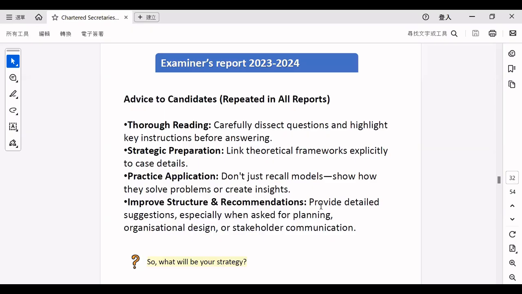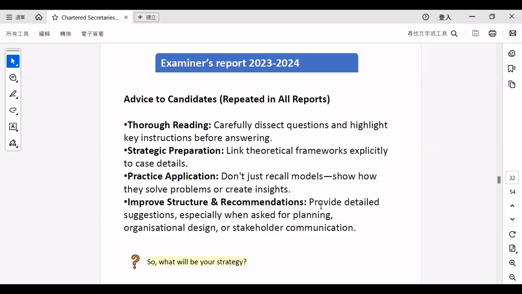Improve structure and recommendations: provide detailed suggestions, especially when asked for planning, organizational design, or stakeholder communications. So if you're asked to recommend how to do things, then maybe you need a more detailed explanation. You don't just mention very generally, oh, we need to communicate with stakeholders, full stop. That may not be good enough.